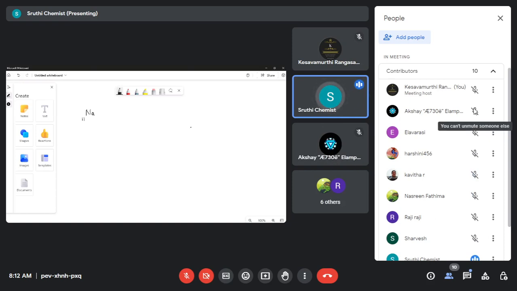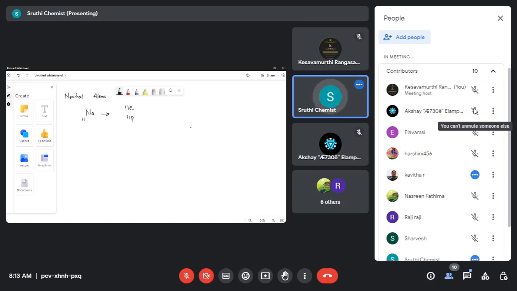Neutral atom means no charges given. If some charges are given, then you have to say ions. We know that a neutral atom has equal number of protons and electrons. Sodium 11. So 11 electron and 11 proton.